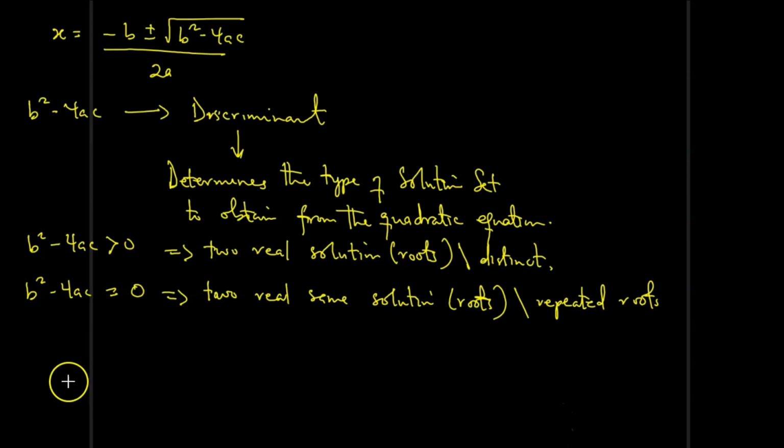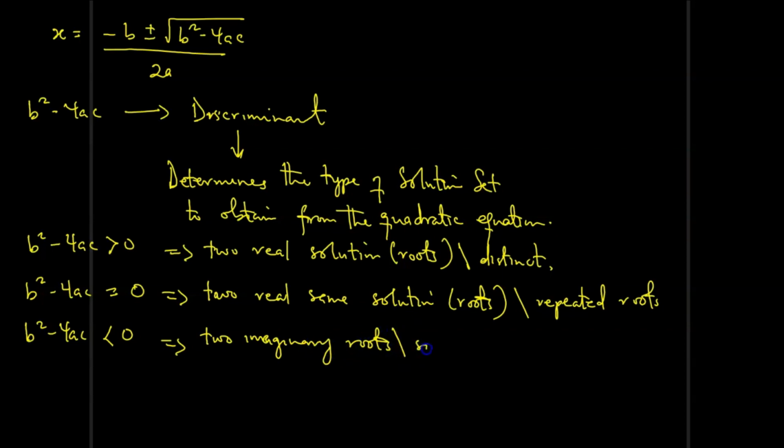Then the last but not least, for which the discriminant does, is we may have b squared minus 4ac going to be a number which is less than 0. So when it's a number less than 0, then it is going to tell you that you are going to have two imaginary roots or solutions.